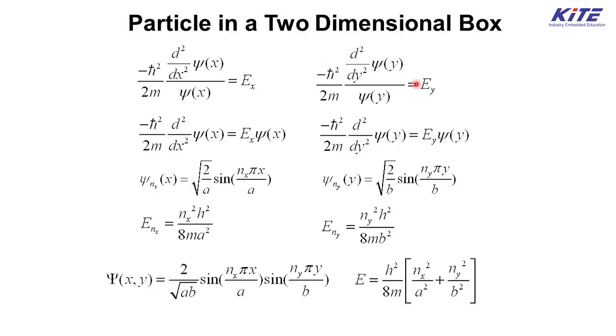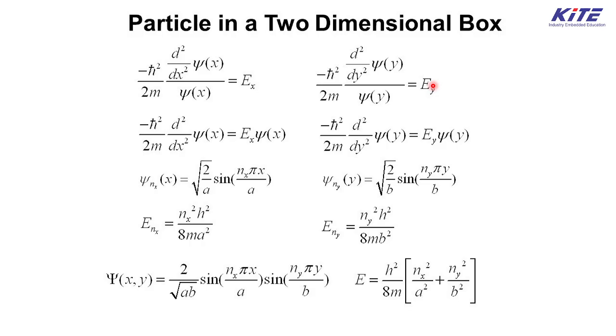Now for the particle in a two-dimensional box, we have separated x and y. Minus h cross squared divided by 2m d squared psi of x by dx squared divided by psi of x is equal to Ex, and minus h cross squared by 2m d squared psi of y by dy squared divided by psi of y is equal to Ey. Outside the box psi of x comma y is equal to 0.